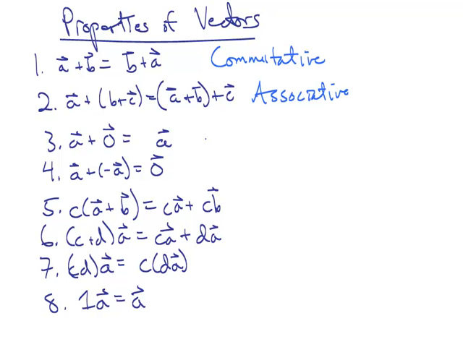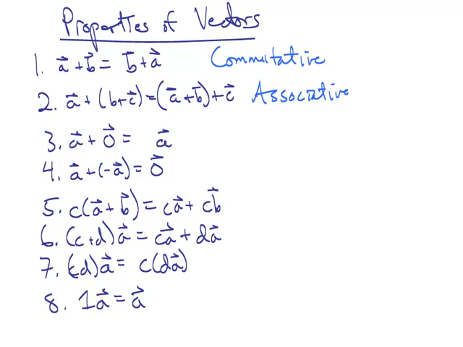We have our additive identity that we've talked about, the zero vector. We have an additive inverse. Scalars distribute across the sums of vectors, and vectors distribute across the sums of scalars. We have associativity of scalar multiplication, and we have our multiplicative scalar identity: 1 times the vector is equal to the vector itself.